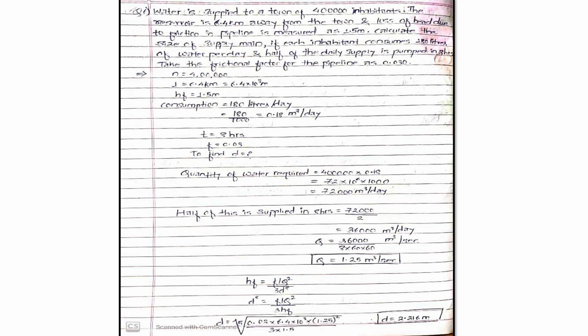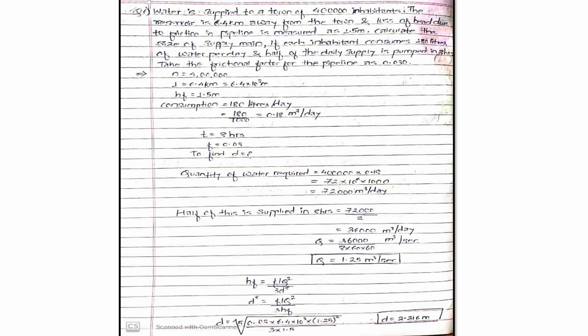Calculate the size of the supply main. If each inhabitant consumes 180 liters of water per day and half of daily supply is pumped in the cities, take the frictional factor for the pipeline as 0.03.